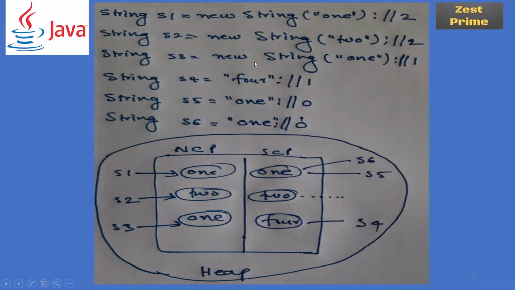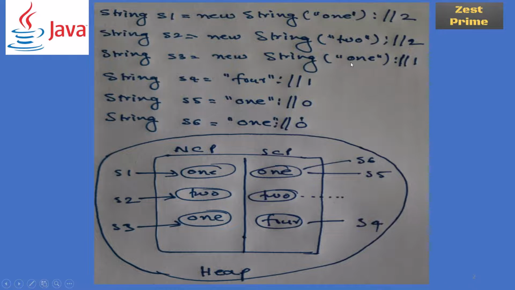And when the third object s3 is created, there is also a new keyword, so the object will be created in the non-constant pool, and "1" is already present, so it won't be recreated again. Overall, we can see only one object in the string constant pool for "1", so it won't create a new object, as it is already present as part of s1.